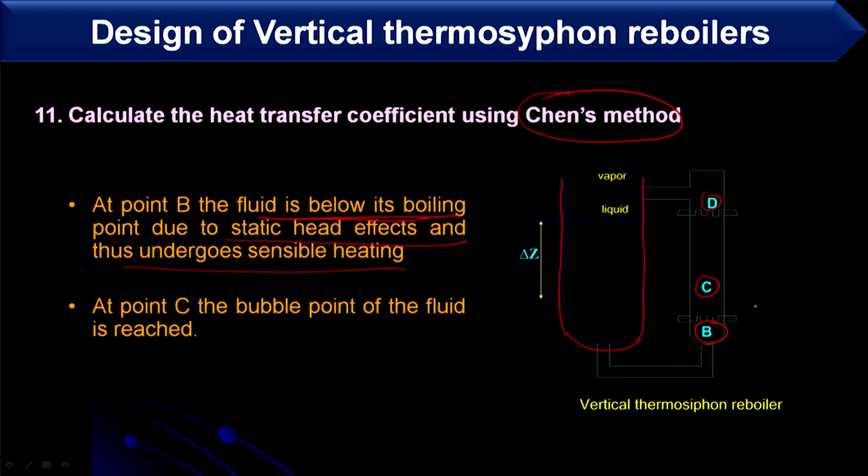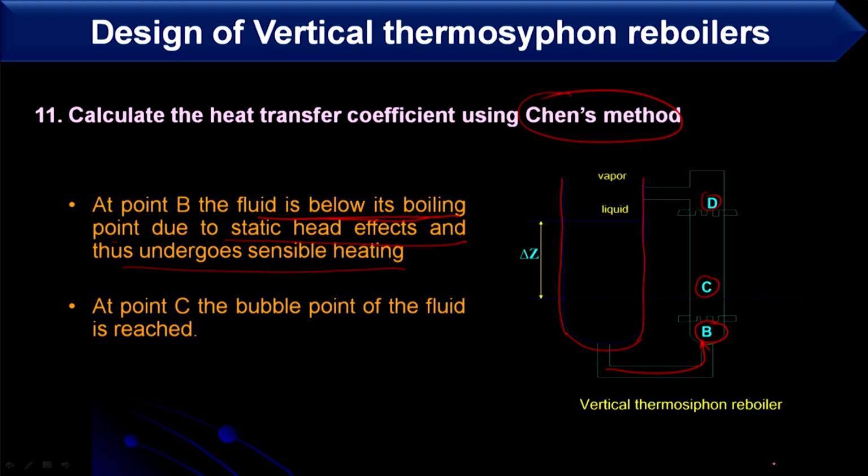Usually the fluid enters the reboiler at boiling point, but because of some losses over here, it may reach below boiling point. So, first of all sensible heat should be supplied, and if I am providing sensible heat, we should consider convective heat transfer, right.